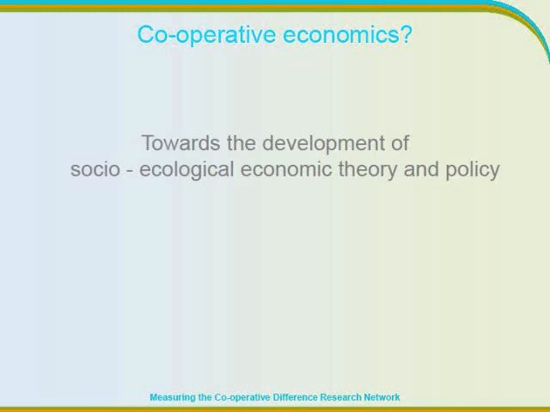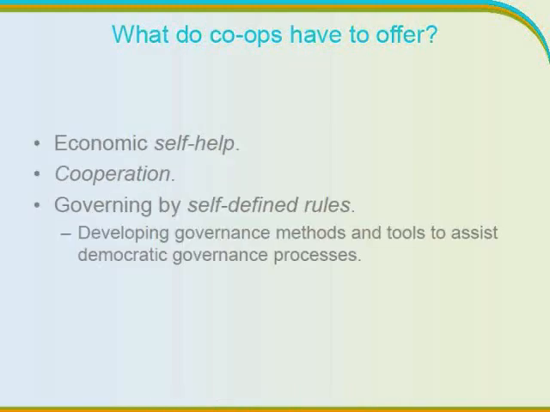Well, we think we need to move towards the development of socio-ecological economic theory and policy, and that in that socio-ecological economic theory and policy, cooperative kind of organization has a critical role to play. So what do co-ops have to offer to this kind of a framework?